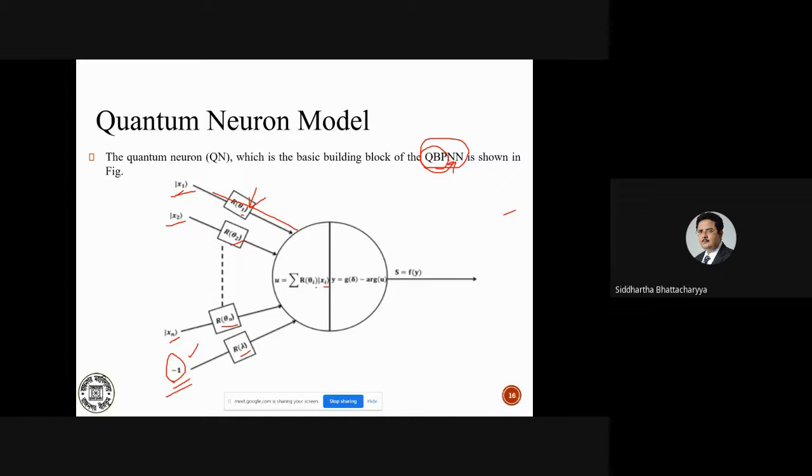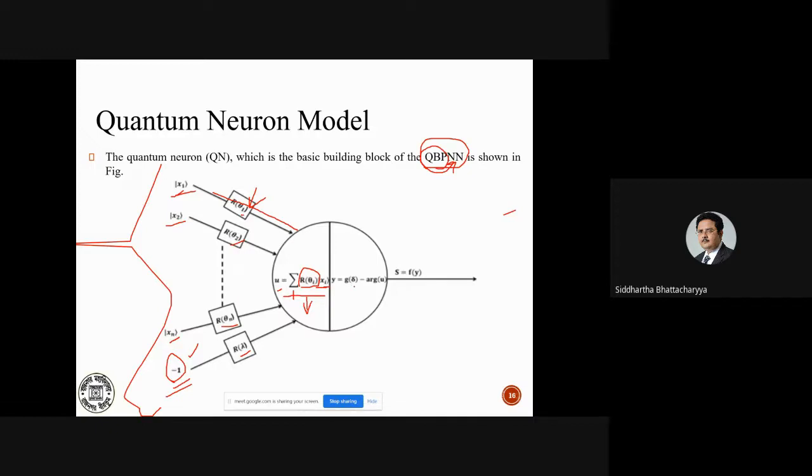So |xi> is acted upon by the rotations R(theta i), for i equal to 1 to n, whatever the number of inputs is. And what you get is U. U is the output, that means the net factor, but before application of the transfer function, because only the summation of the product part is there.